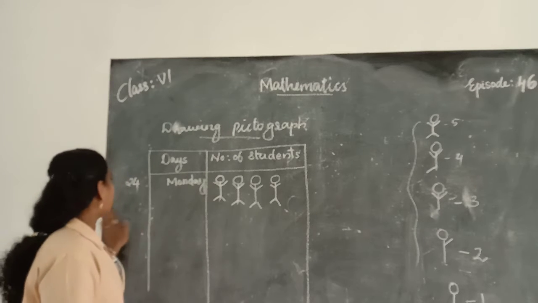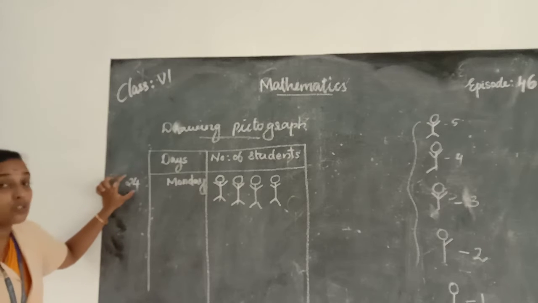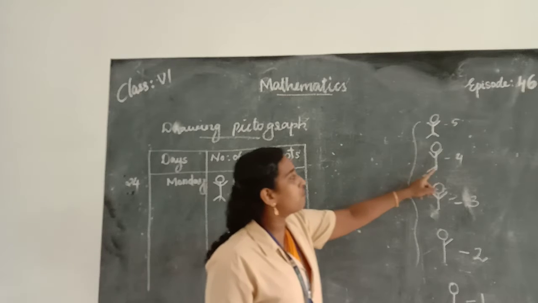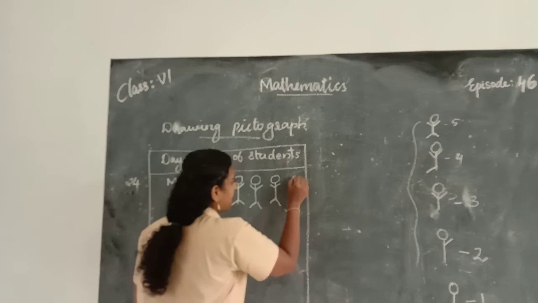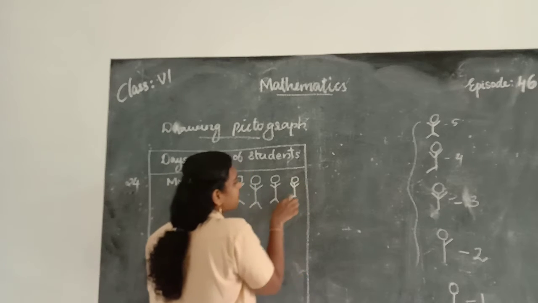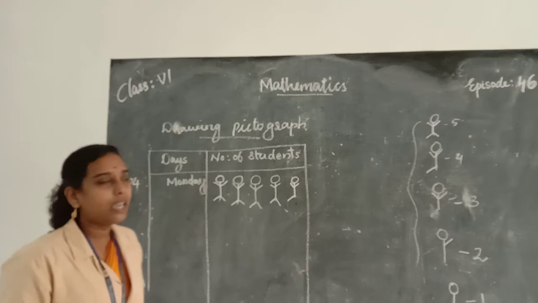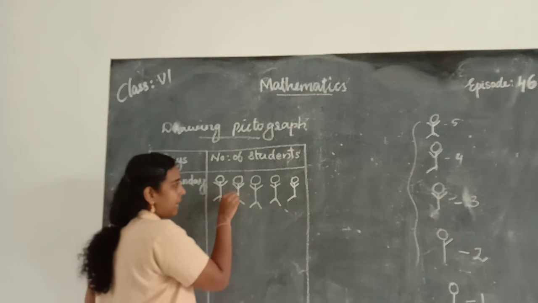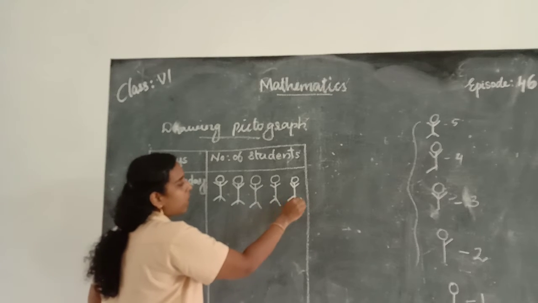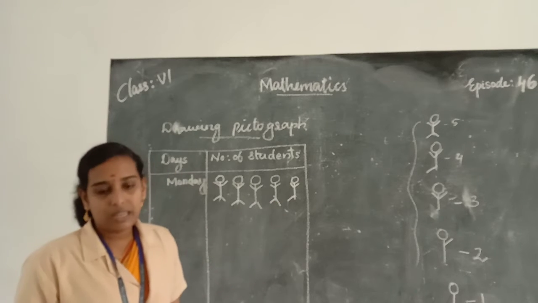Then if we draw another 5, it stands for 25. But we want to draw 24. That's 20 plus 4. The figure that represents 4 is drawn like this by removing one leg. Then it stands for 4. So 20 plus 4 is equal to 24. 5, 10, 15, 20, 24.